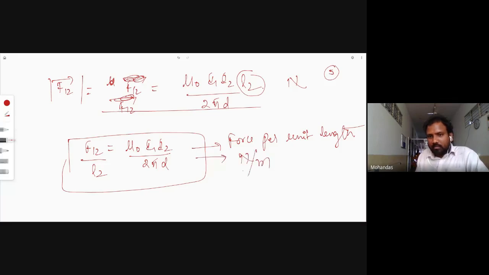Newton per meter. Okay? And if you take the two forces, the magnitudes of the two forces are the same. Another conclusion is that the magnitude of the two forces is the same.